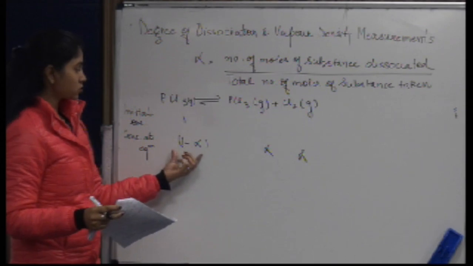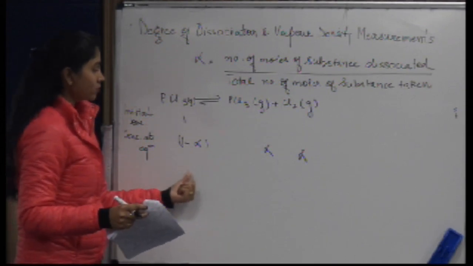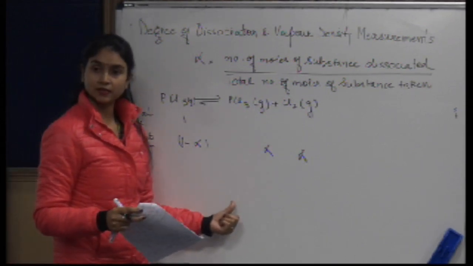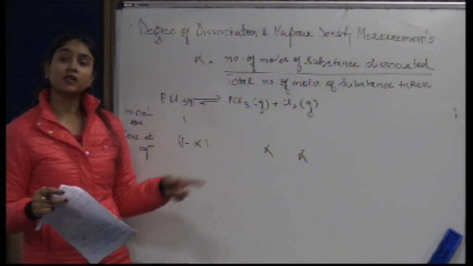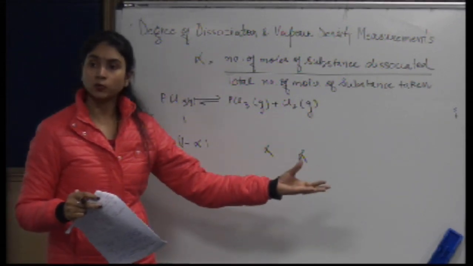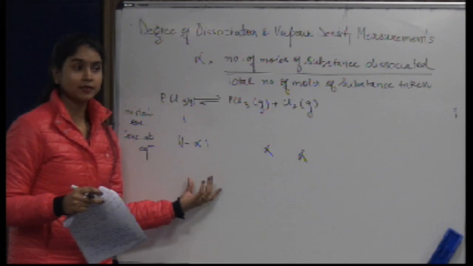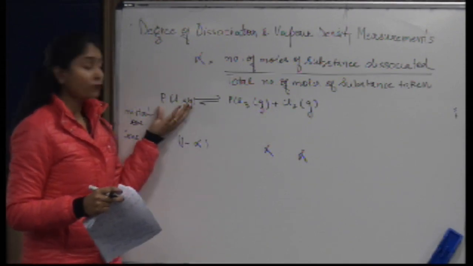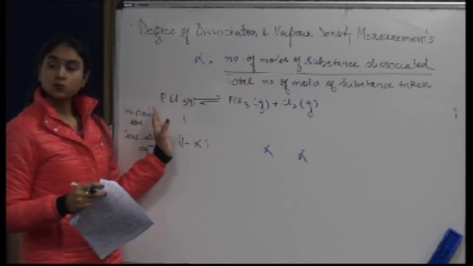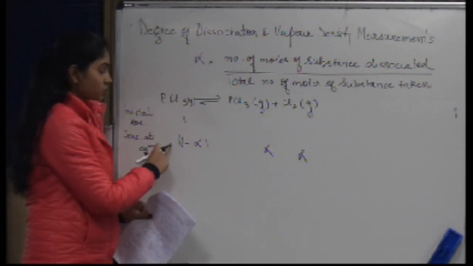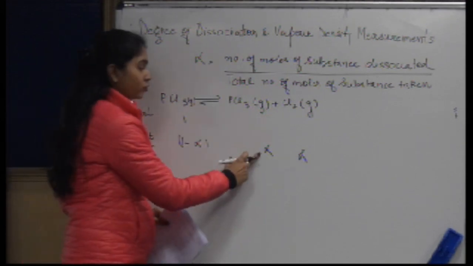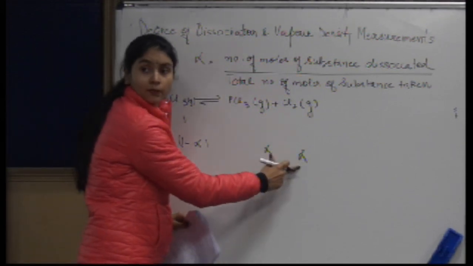Then your equilibrium constant would be alpha square upon 1 minus alpha. If I am interested in calculating the concentration of these species at equilibrium, I will multiply with the concentration of PCl5 given to us. If it is 1 mole, I will multiply this with 1 molar, then it will be alpha molar.